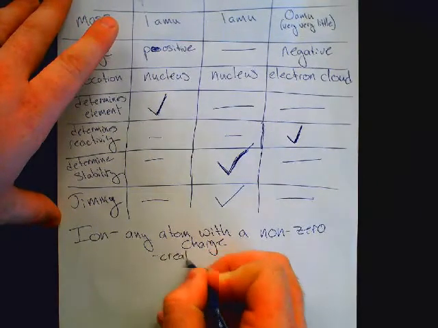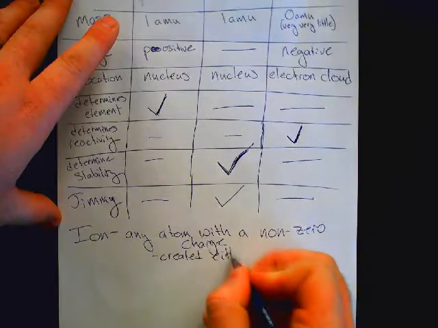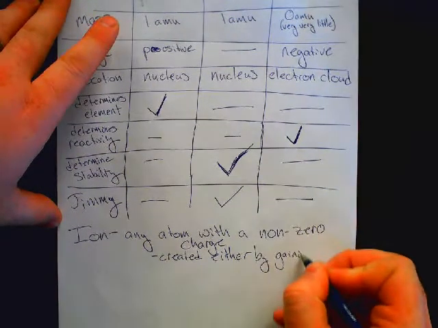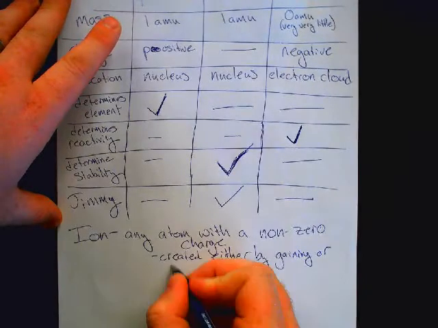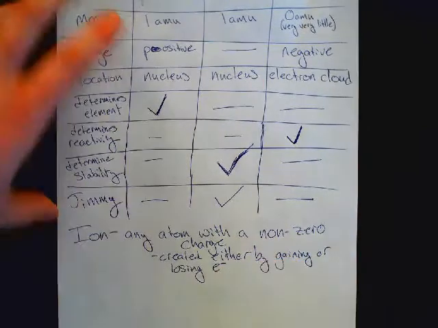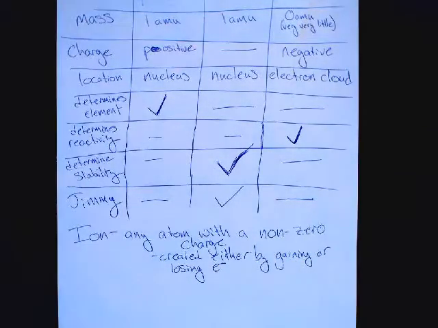Created either by gaining or losing electrons. Was there another way in the simulation that you could have caused an ion to be created?